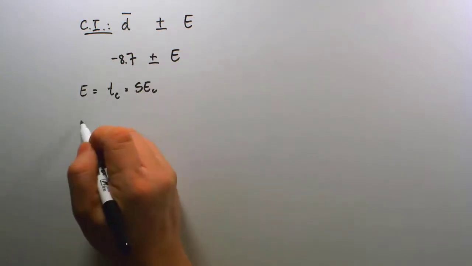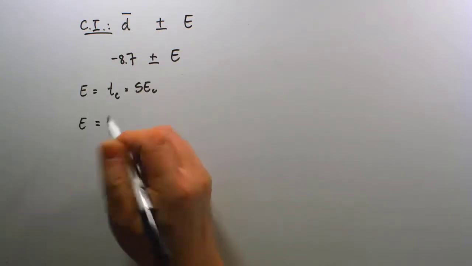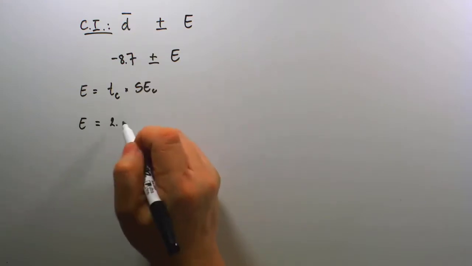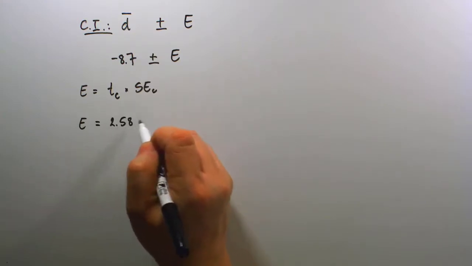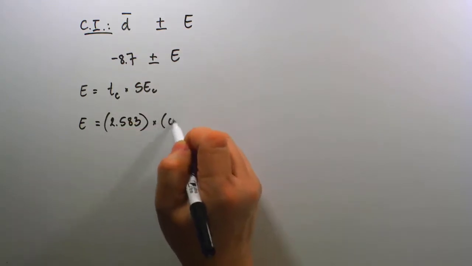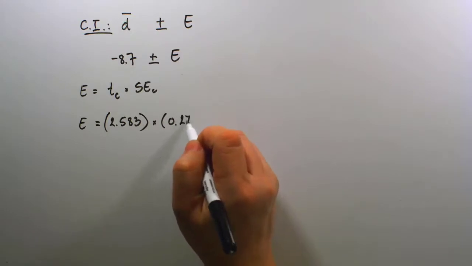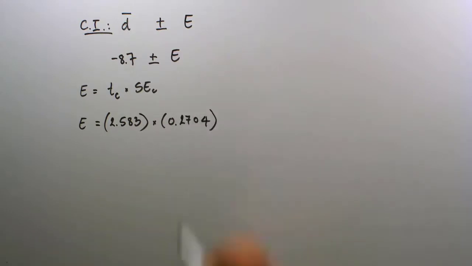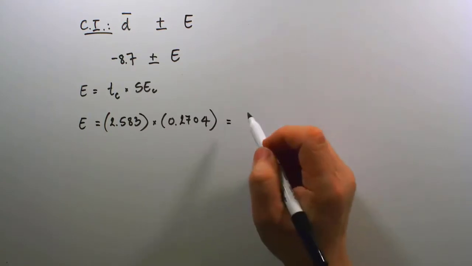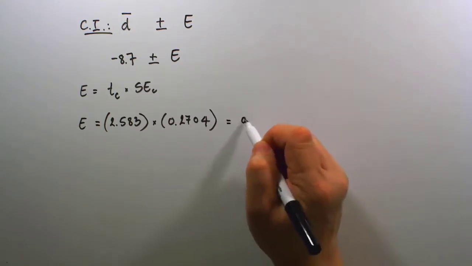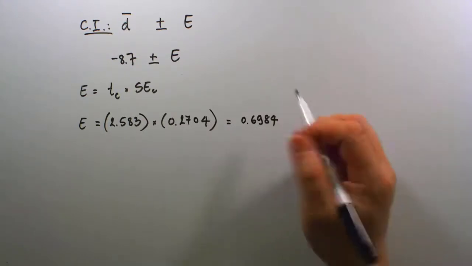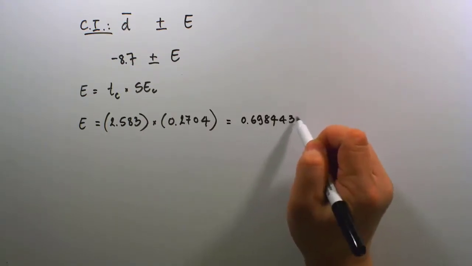So the margin of error in this case is 2.583, that's for T sub C, and we are multiplying with 0.2704. My final calculation came out to be 0.698432, and a lot longer.